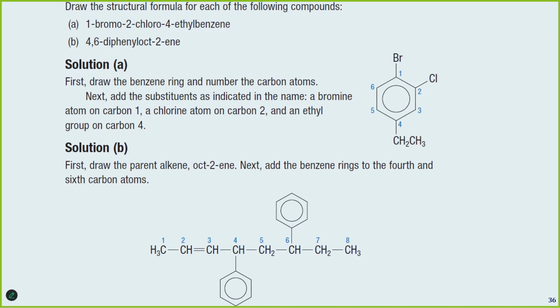For question B, again, first we draw the parent alkene, which is oct-2-ene. Next, add the benzene rings to the 4th and 6th carbon atoms. Then the structural formula of this compound is shown here on the bottom.